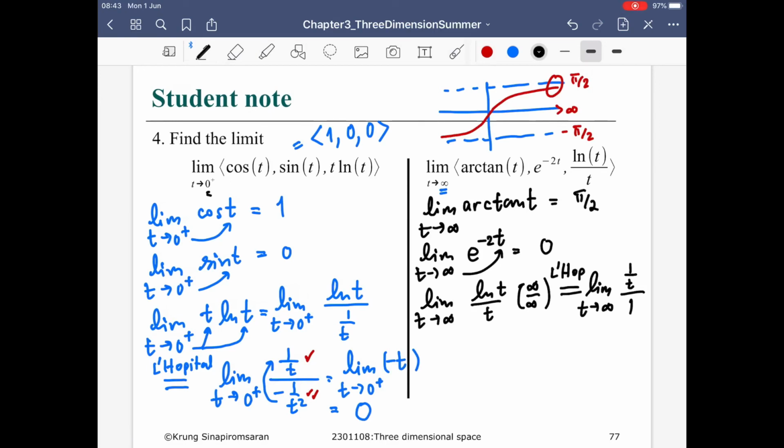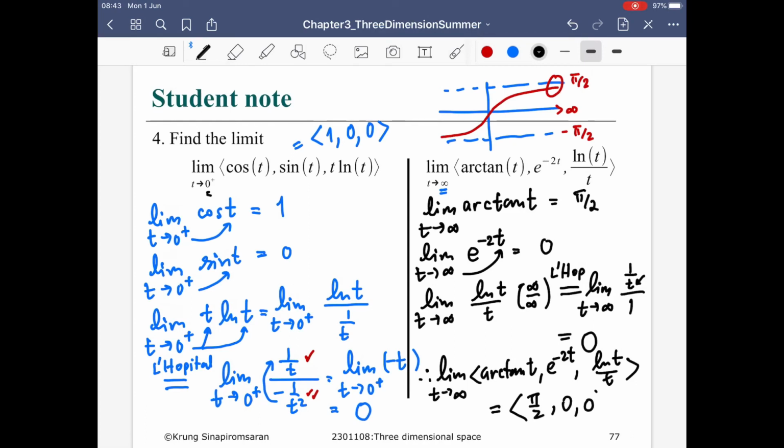Again, as your t goes to infinity, this will be less and less, so it goes to 0. So this limit becomes pi over 2, 0, 0.